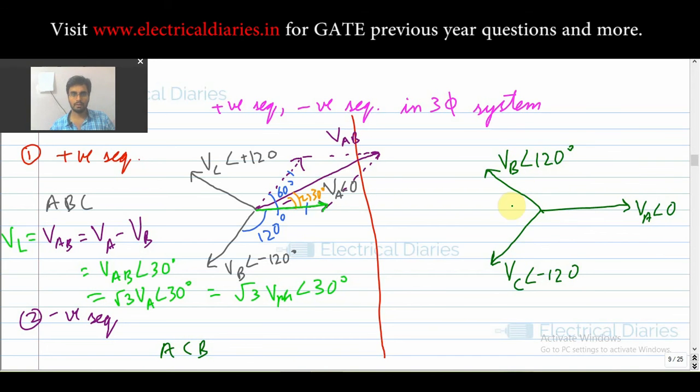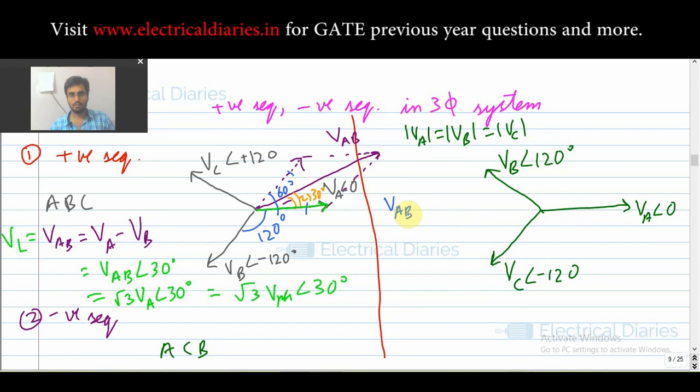If I calculate VAB, the line voltage, you can calculate VBC also. I am considering a balanced load, so VA is equal to VB is equal to VC.